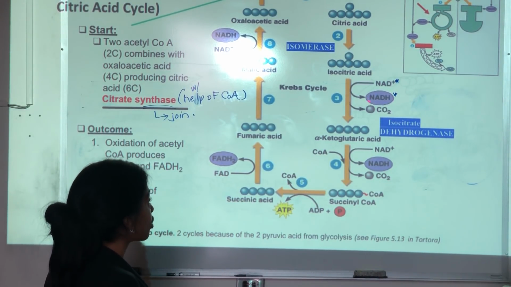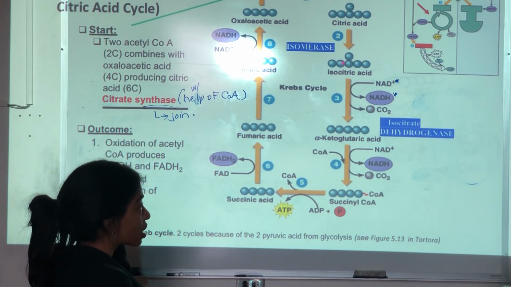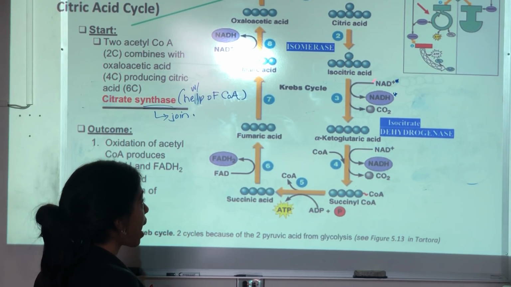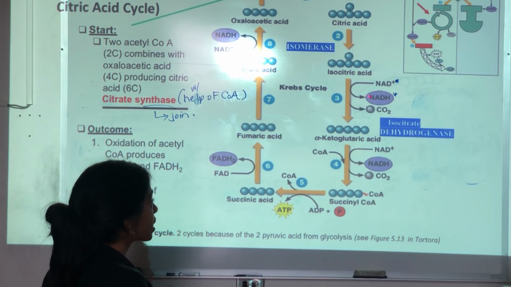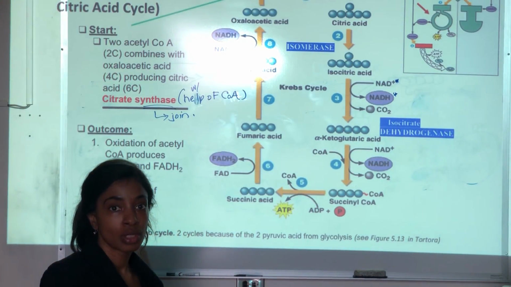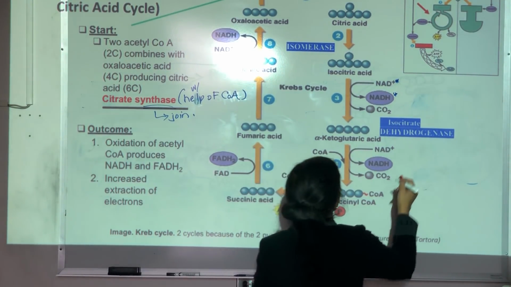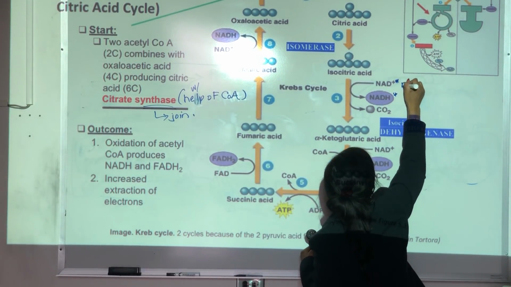So one thing that the dehydrogenase does is that it helps NAD to accept electrons from isocitric acid. So when NAD accepts the electrons, it is oxidized or reduced? So if it's accepting or gaining electrons, this means that NAD is being reduced.